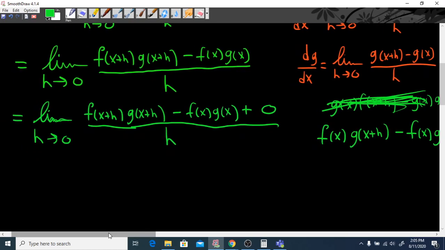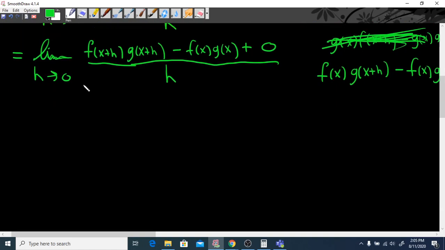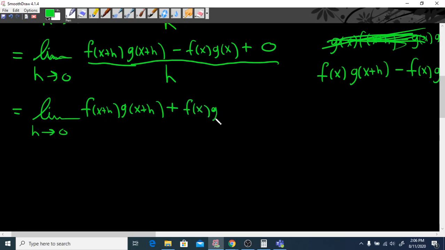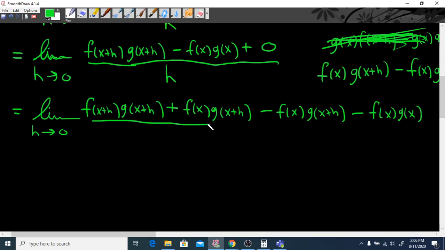So if I do that, I wind up with the following. And again, I'm going to add f at x, g at x plus h, minus f at x, g at x plus h, minus f at x, g at x, all over h.